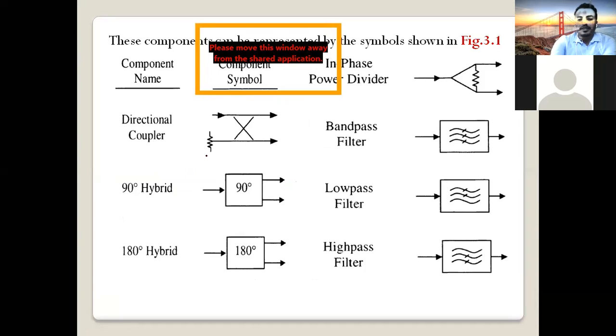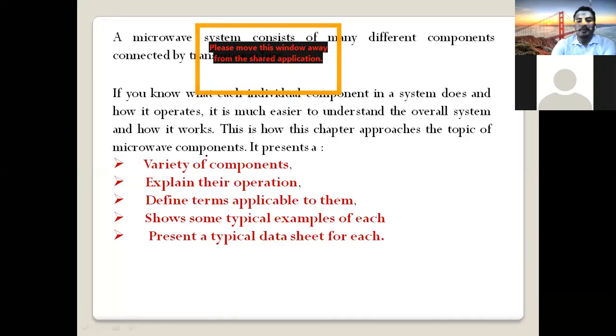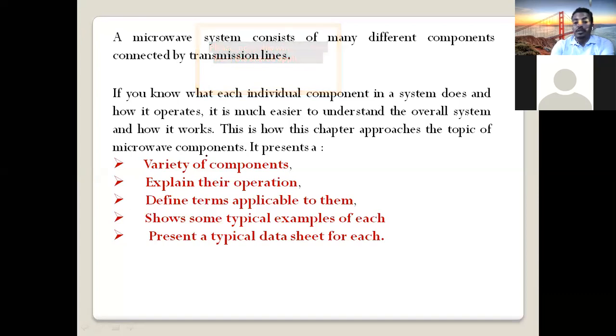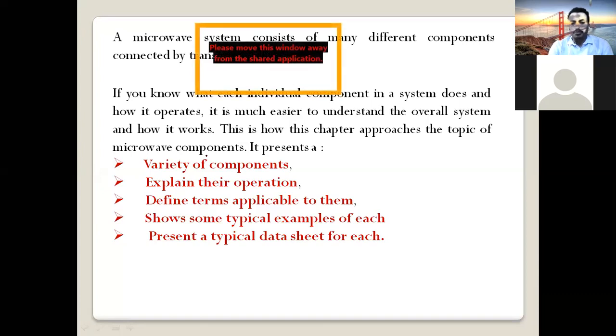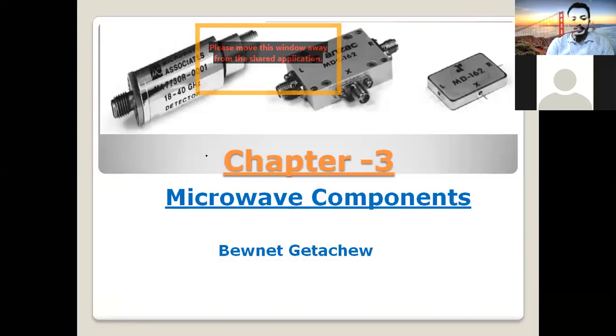As I said, for each component, it's very important to understand how it operates, and its application, types, varieties, specifications, and so on, which makes it easy for you to understand overall microwave communication systems. That's our main goal and objective of chapter 3, which is microwave components.